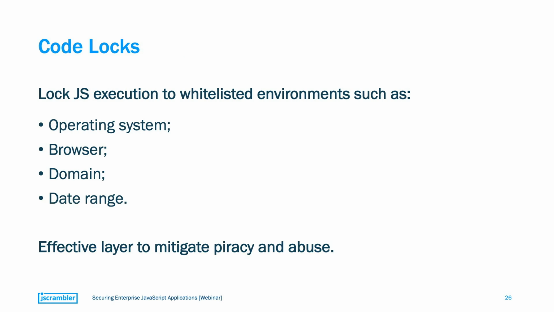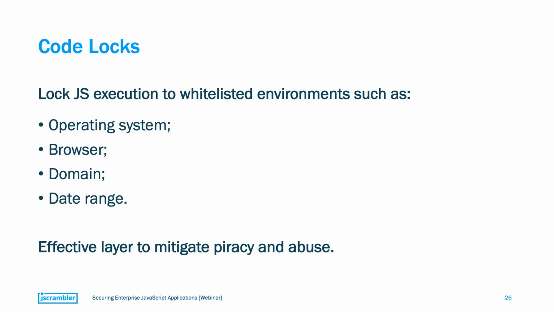One of these more advanced layers is code locks. These, which are also known as application locks, enable us to lock our JavaScript to only execute in predefined environments. As so, it gives us the ability to prevent our code from running in undesired settings. Some possible JavaScript locks include the operating system, browser, domain, as well as dates.